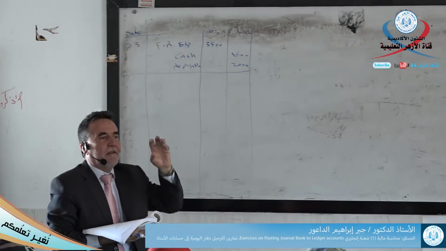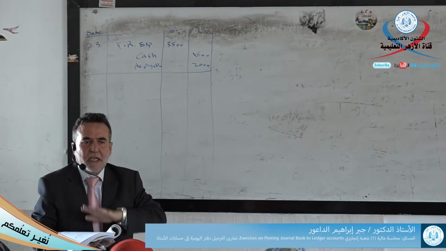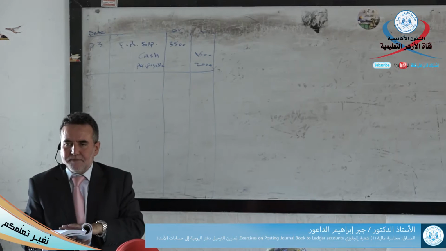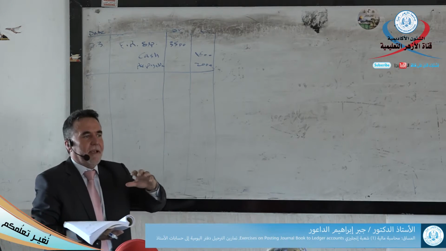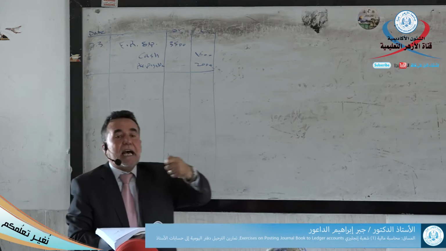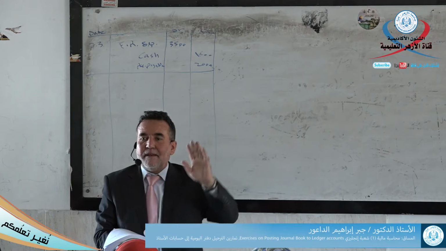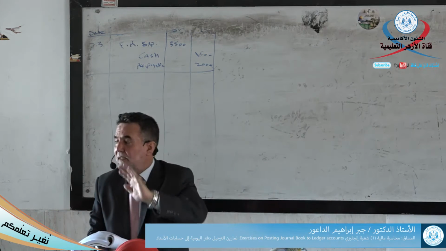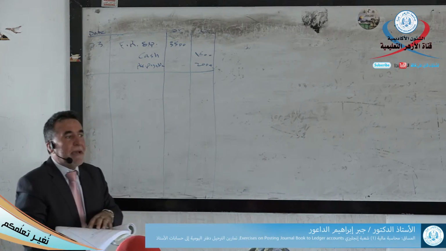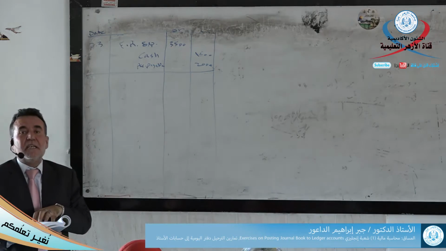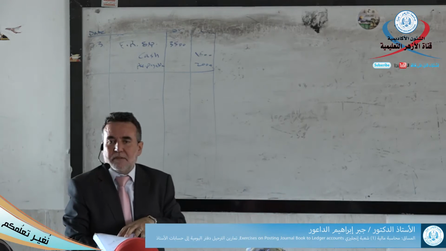Rent film for 3,500, so rent expense in debit side. If he paid all the amount in cash, the entry would be rent expense to cash 3,500. But he paid just 1,500 in cash and the remaining amount on account.